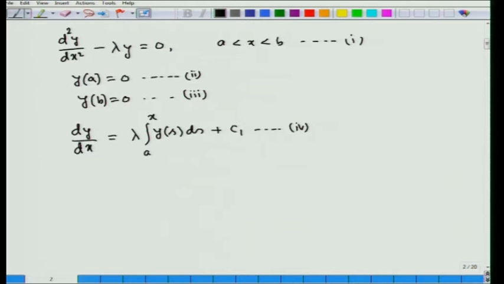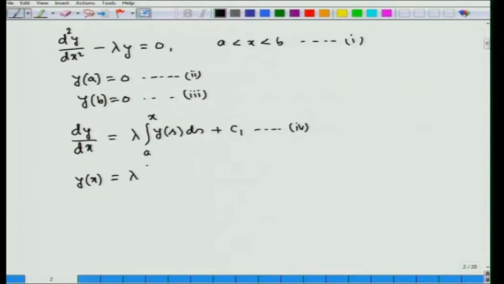If we integrate again, then we can write y x equal to lambda times the integral of a to x y s ds, which we have to integrate within the limit a to x. The upper limit x is replaced by s, and the variable s under the integral sign is changed to s1.